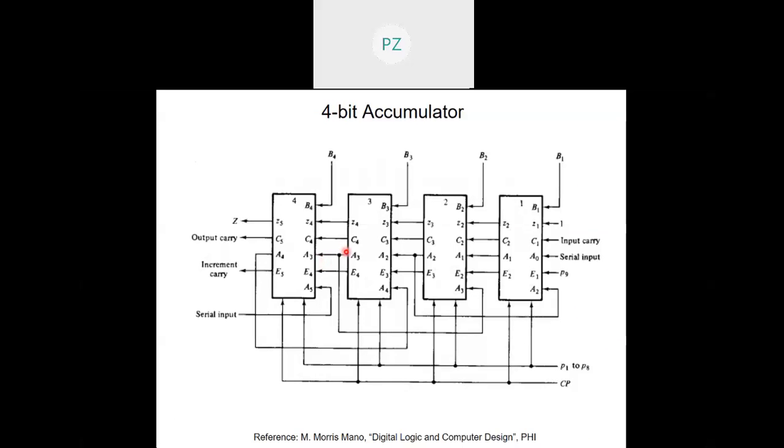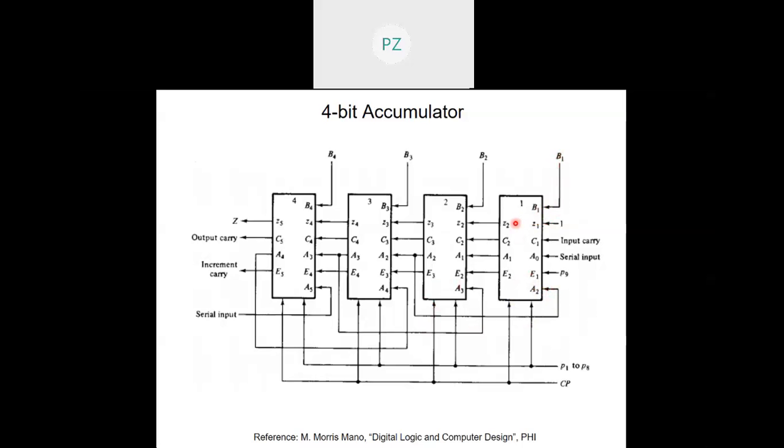For example, if you are getting a 4-bit accumulator, then it should have input carry, it should have serial input for shifting left, it should have P9 for incrementation, right? It should have Z1 as 1, permanently 1 for checking 0. It should receive B1 over here, the data coming from the external world. It should also receive A2 for shifting right.